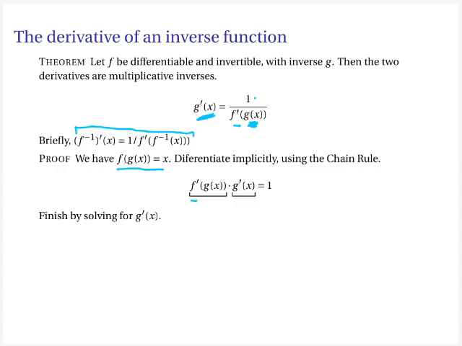You're looking at f prime, put in the correct input, times g prime equals 1, and then just solve. I mean, divide both sides by f prime of g of x. Now that's a perfectly correct proof, of course, but it goes kind of fast, so I had a couple of previous slides to give some intuition about what's happening here.